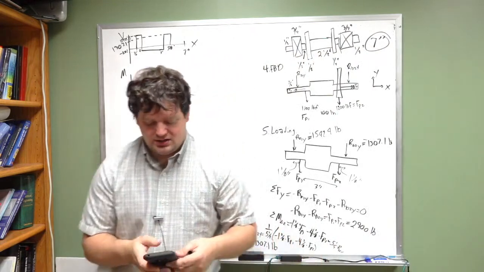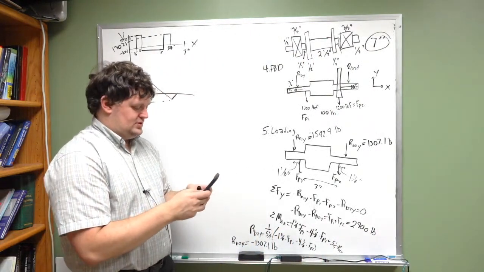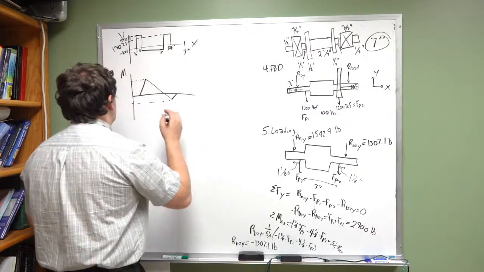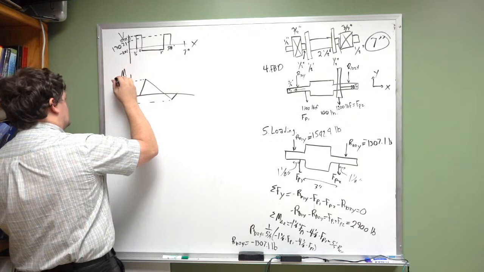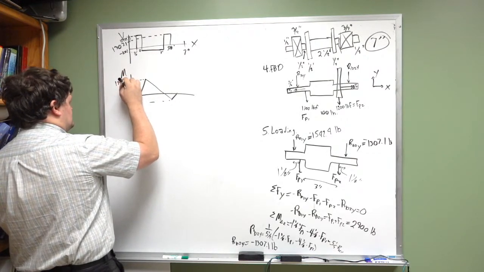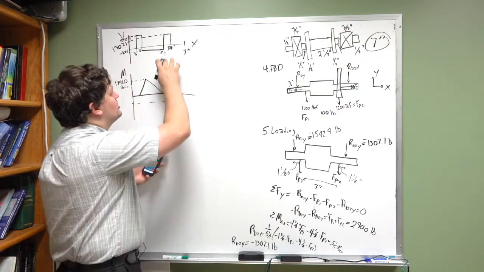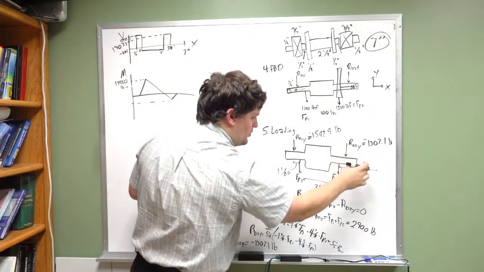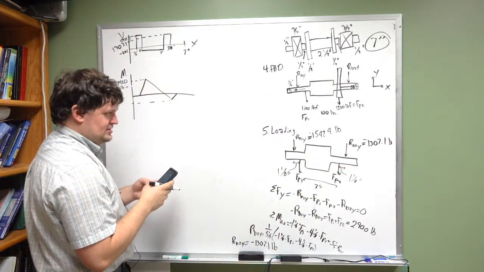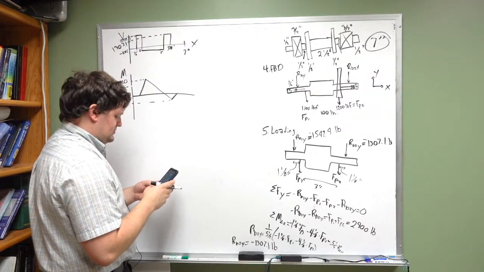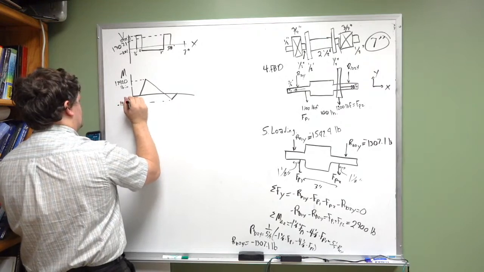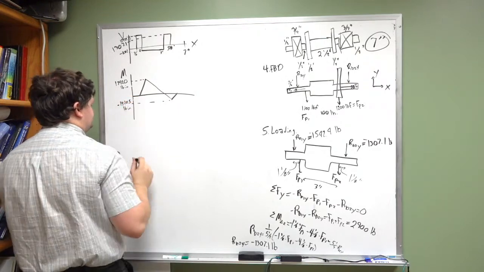So at that point, 1592.9 times 1.125, this positive moment, is equal to 1792.0 pound inches. This negative moment represents 1307.1 transferred over 1 1/8 inch. So 1307.1 times 1.125 is equal to negative 1470.5 pound inches.